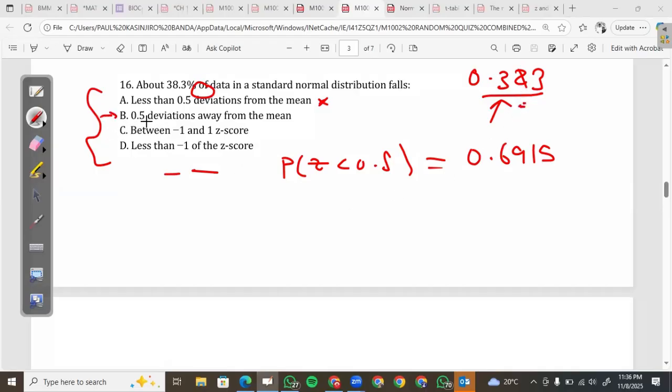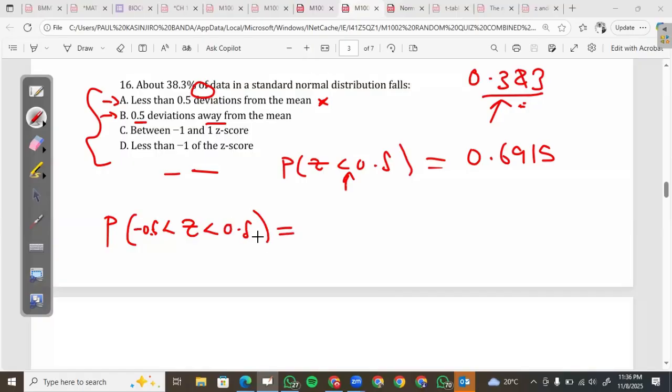B says 0.5 deviations away from the mean. When they just say 0.5 deviations away from the mean, they mean that the Z value can be less than 0.5 or greater than minus 0.5. On A, they specifically said less than, but here they're just saying away. Away means Z is in between, so the probability of Z between minus 0.5 and 0.5.